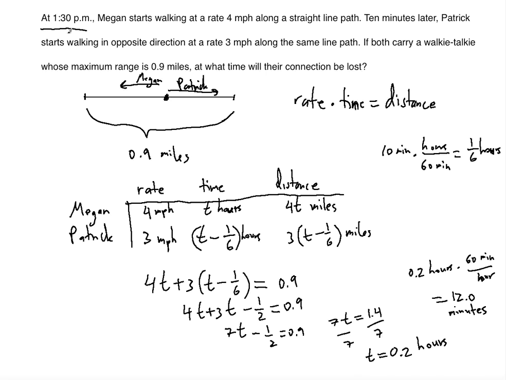Because Megan starts walking at 1:30 p.m. and that's when the countdown begins. So we have to add the 12 minutes to 1:30 p.m. in order to find the exact time at which the maximum range of the walkie-talkie will be reached. So that's going to be 1:30 p.m. plus 12 minutes. So that's going to be precisely 1:42 p.m. This is your answer to this problem.